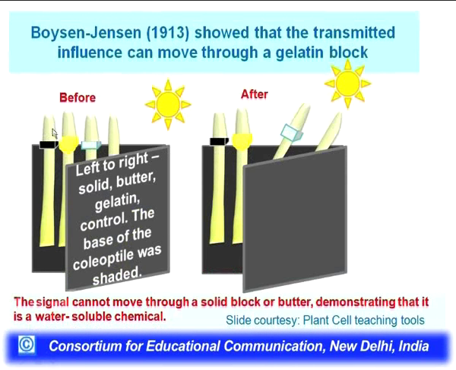Then the tips of the coleoptile were removed and placed on an agar block or butter or some block which does not allow passage. Then it was noticed that the agar can collect auxin from the tip and the effect can be seen.